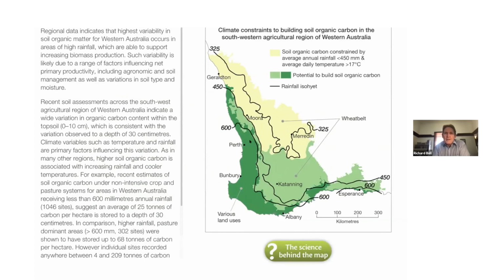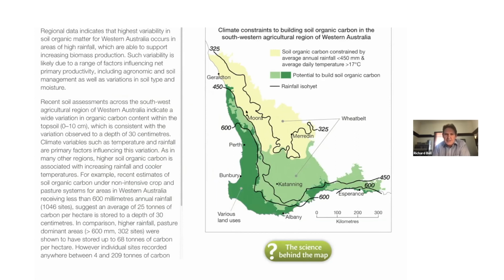And from the work that Dan Murphy and his group have done, they've looked at which parts of the state already have close to the potential amount of carbon in the soil based on climate, and which areas seem to have the potential to grow more carbon because of higher rainfall.